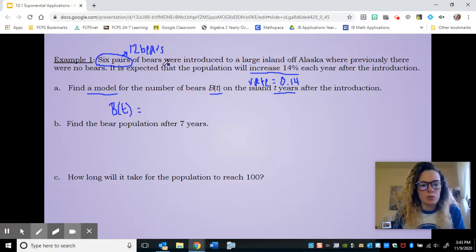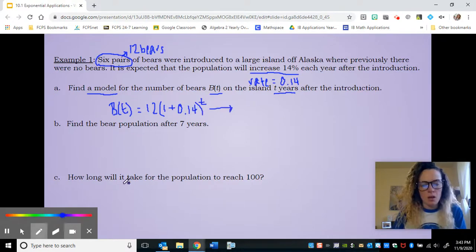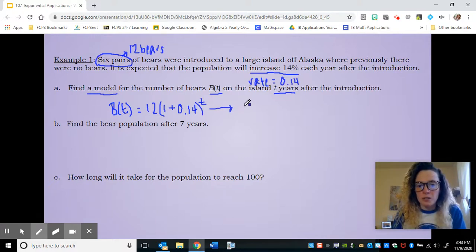My initial starting value, or the principal value, is those 12 bears they introduced. It says increase, so that means 1 plus whatever the rate is, so 0.14, raised to the time. Obviously, we know we should be simplifying our answers, so our final answer for this one should be B of t equaling 12 times 1.14 raised to the t.